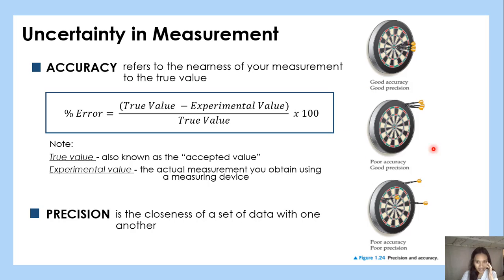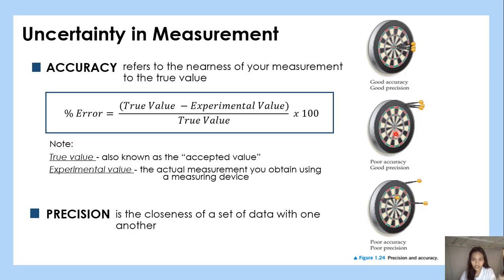The second one is good precision because the three darts are very close to each other, but they are not accurate because they are far from the true value, far from the center.